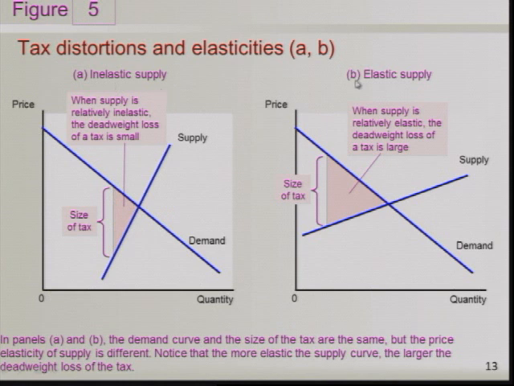For panel B, think about maybe a manufacturing company where you don't have to keep making CDs. You can switch to making toys. You can switch to making backpacks. If the government decides to levy a really heavy tax on CDs, you can easily switch to producing something else, right?